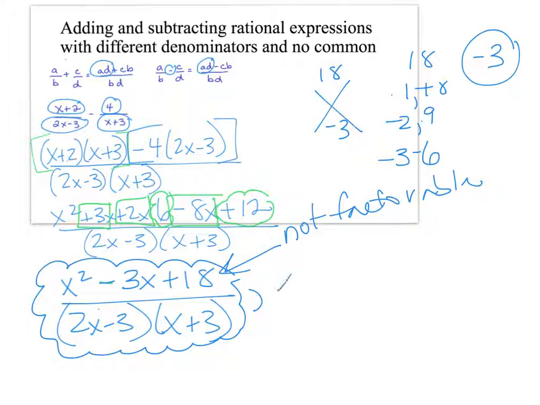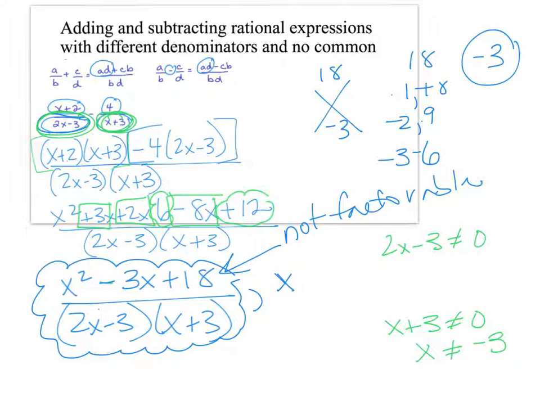But we also still have to take into account what the domain is going to be. So we need to look at the denominators that we started off with, which was 2x minus 3. That can't equal 0. And we also have x plus 3, which can't equal 0 as well. That's from this denominator right here. So that means x cannot equal negative 3.